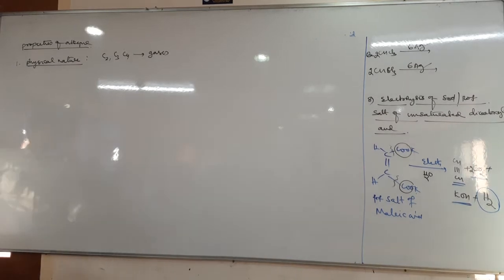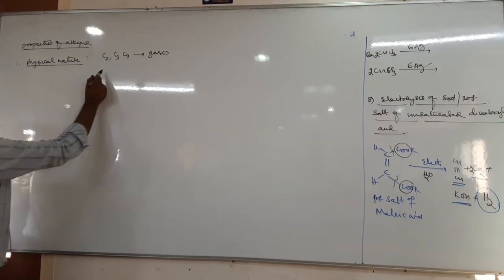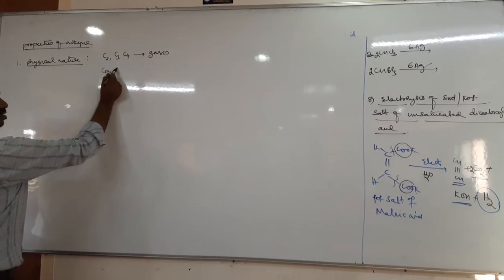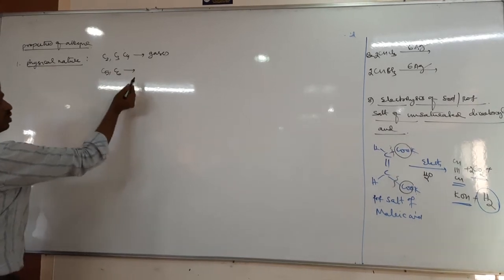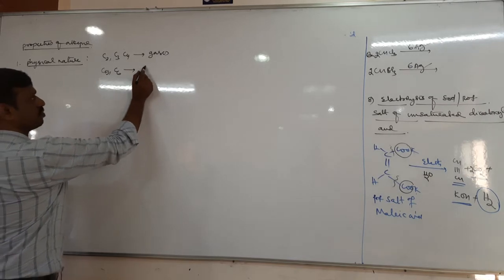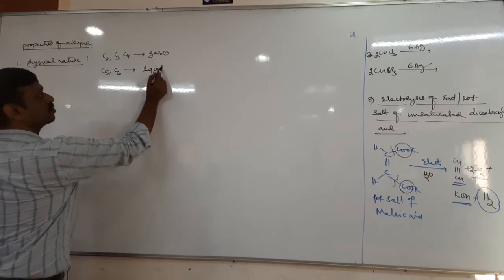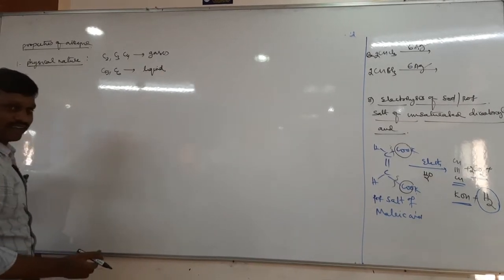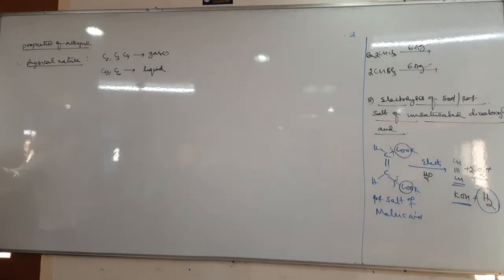Okay. Next, then what about C5 and C6? They are usually liquids. Which kind of liquids? Usual liquids only.